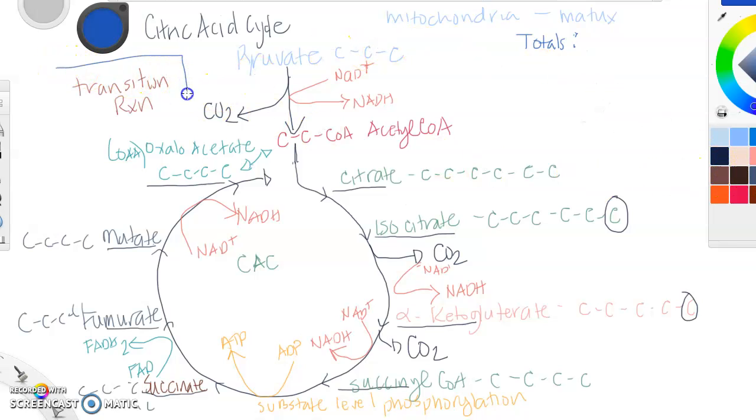We had a pyruvate, we got it to acetyl-CoA, and with it we got an NADH. And we got two of them because remember, we have two pyruvate. That's how many we made in glycolysis. So through the transition reaction, we get two NADHs.